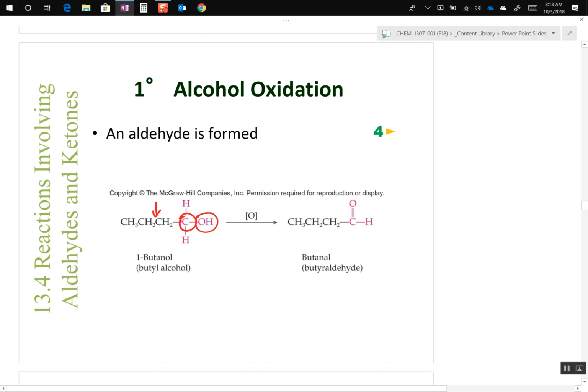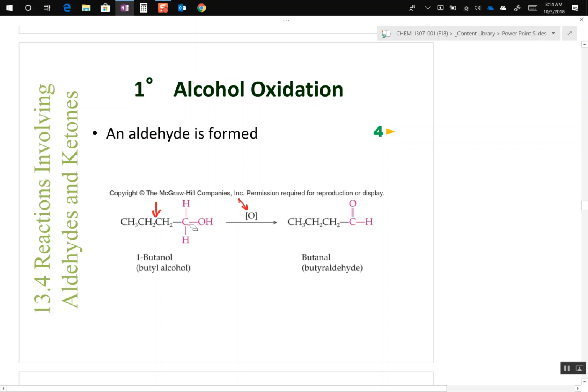Because it's a terminal OH, when you oxidize it, and this symbol right here for oxidation does not represent oxygen. It represents an oxidizing agent, like potassium permanganate or things of that nature. So it represents a class of molecules, not just O2 or oxygen.